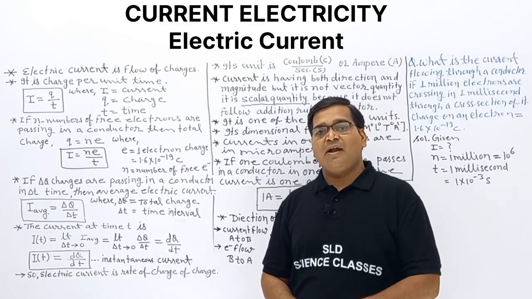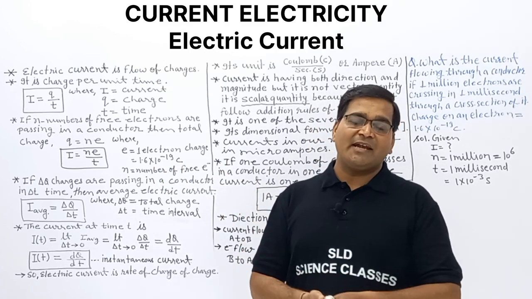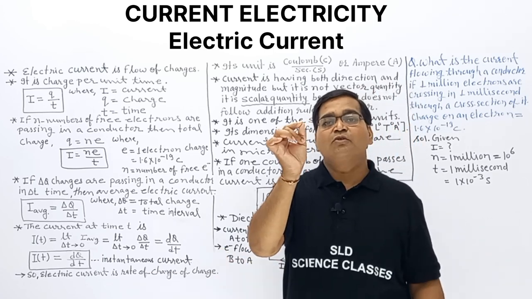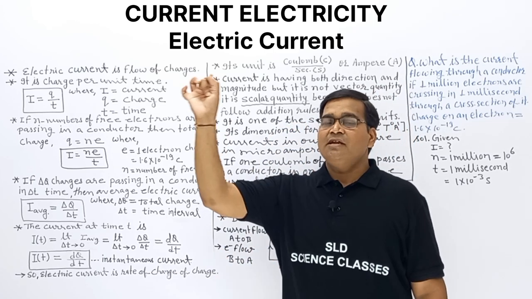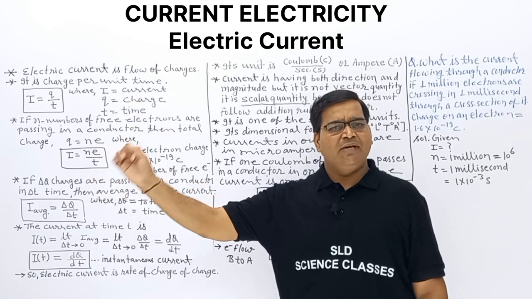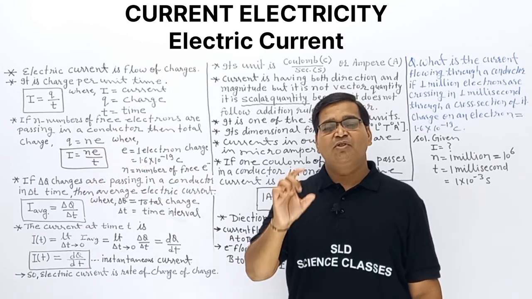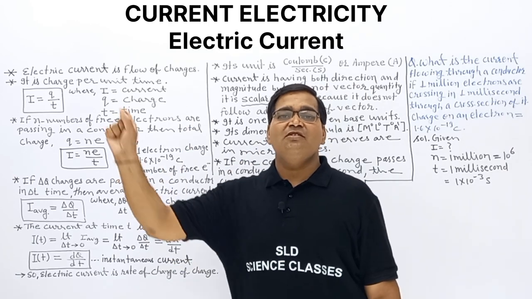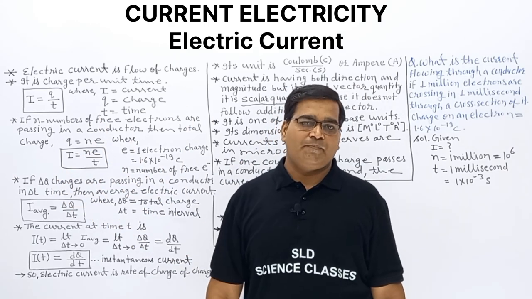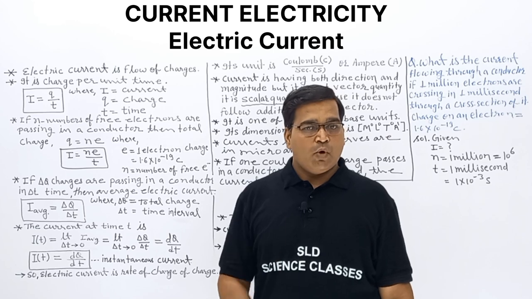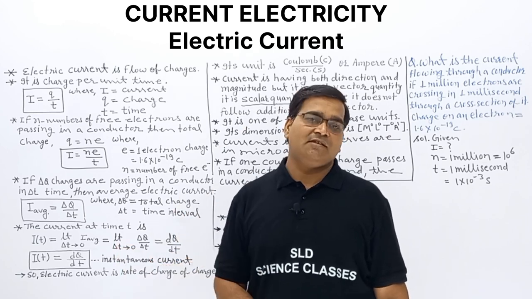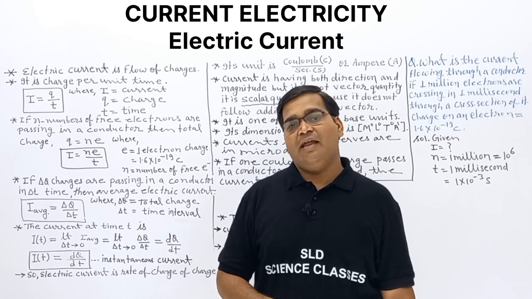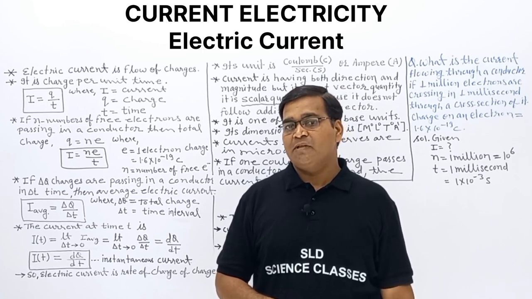There are two types of charged particles: negatively charged particles and positively charged particles. We'll discuss charge separately in detail, but I'm just giving a basic idea. A body is negatively charged, it means it gains electrons.